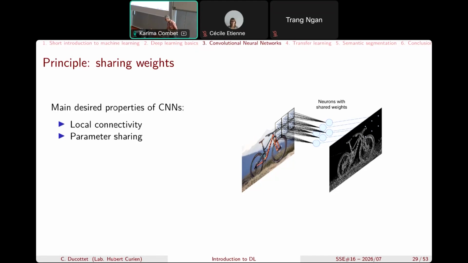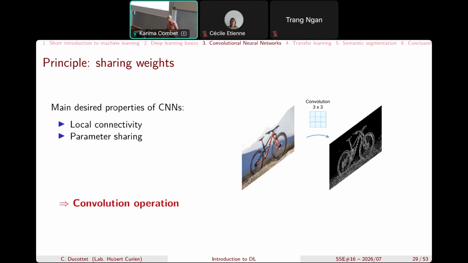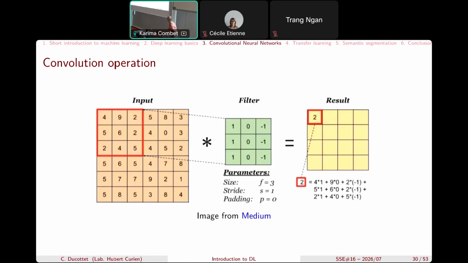So if you are a bit familiar with image processing, you will know that this kind of operation is a convolution operation. So are you familiar? Some of you are familiar with the convolution operation? The convolution operation is exactly what I presented before. This is just here an example.